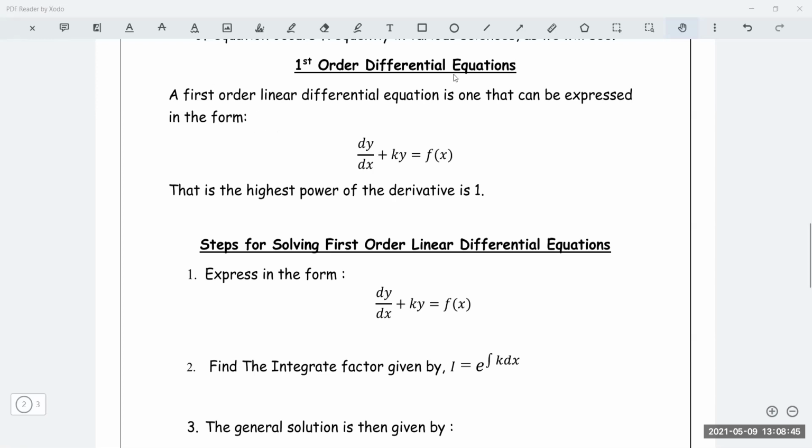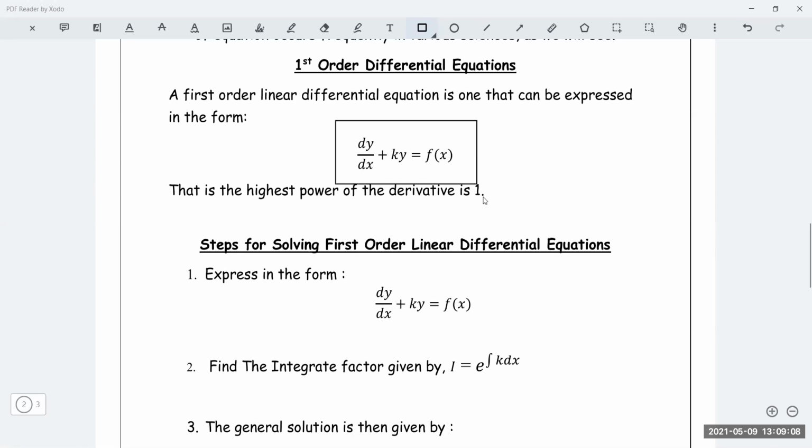To solve a first order linear differential equation, first thing is that it has to be in this form: dy by dx plus k times y equal f of x. That is, the highest power of the first derivative is 1.